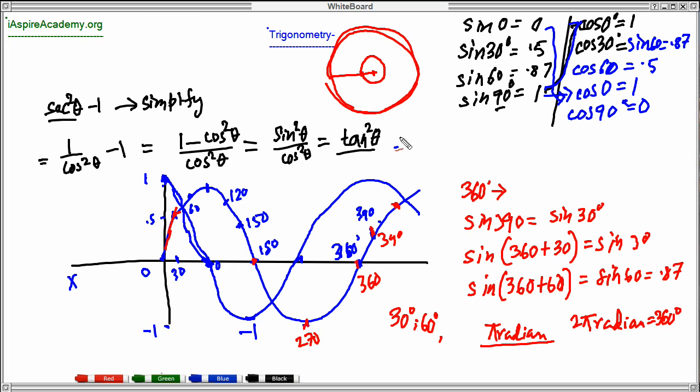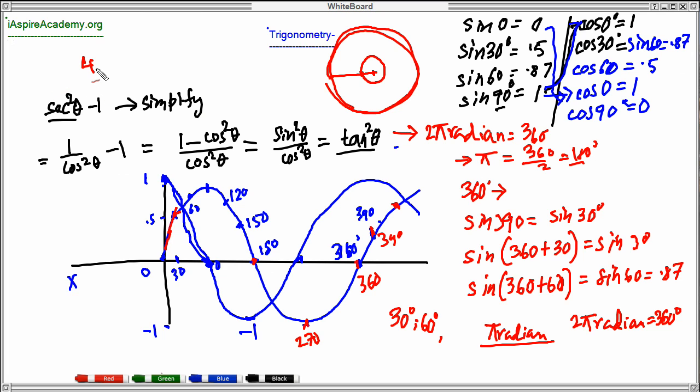So 2 pi radian equals 360 degree. So pi radian is 360 divided by 2 equal to 180 degree. So pi radian is really 180 degree.